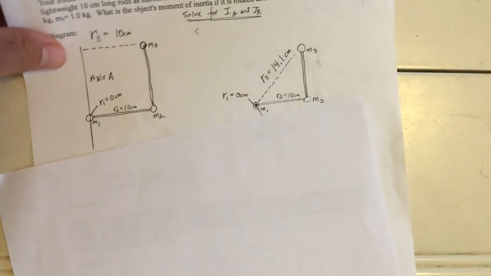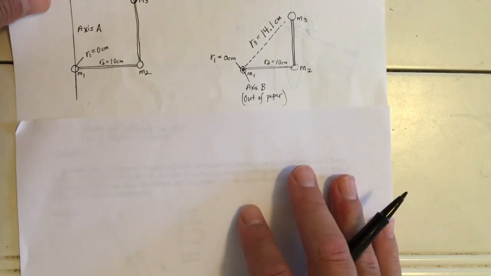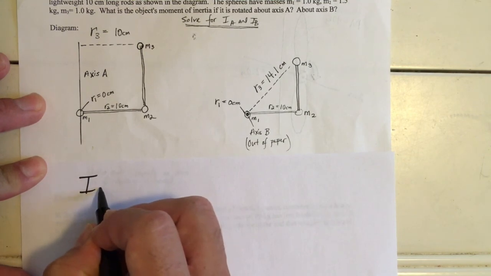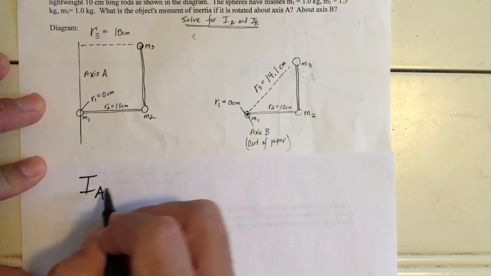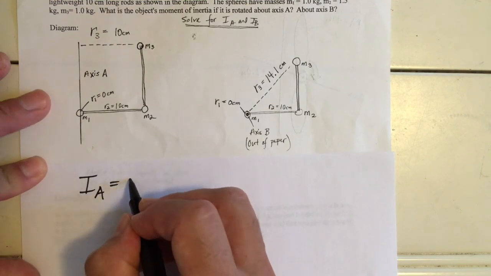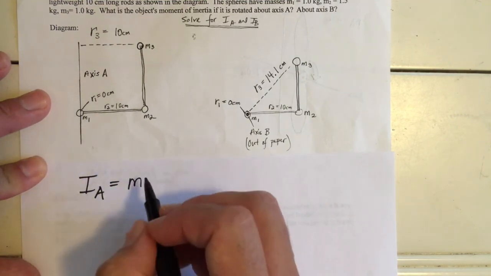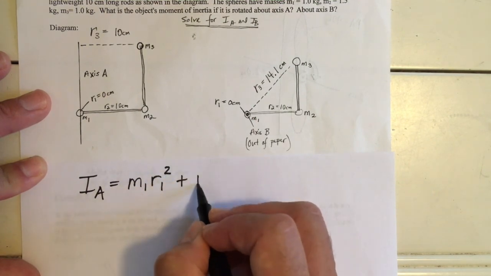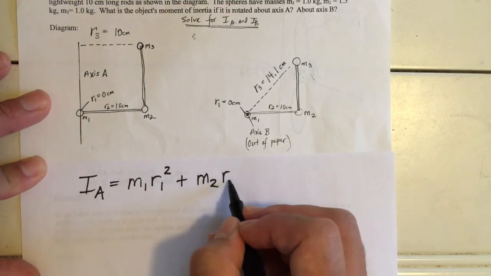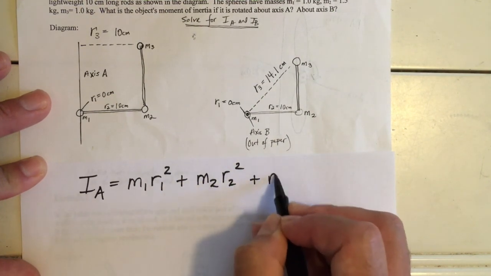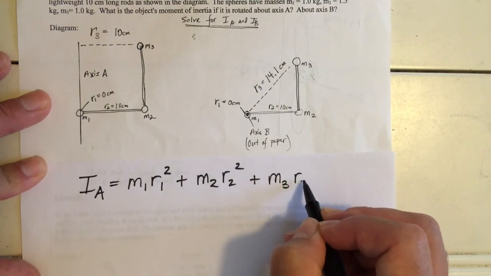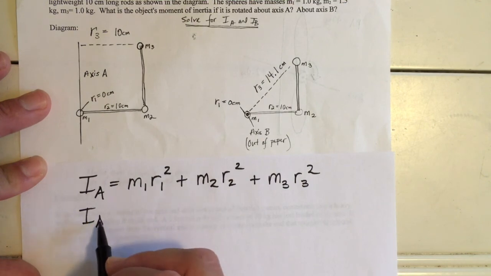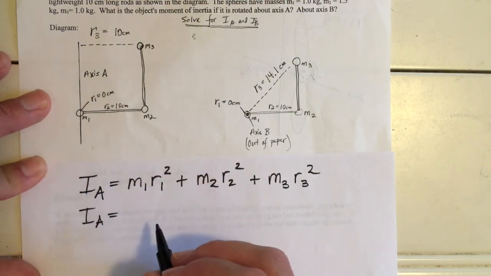I'm going to go ahead and flip this over. We can say IA is equal to M1 times R1 squared plus M2 times R2 squared plus M3 times R3 squared. These are all point masses. And so then the moment of inertia is equal to, I already figured out the masses.